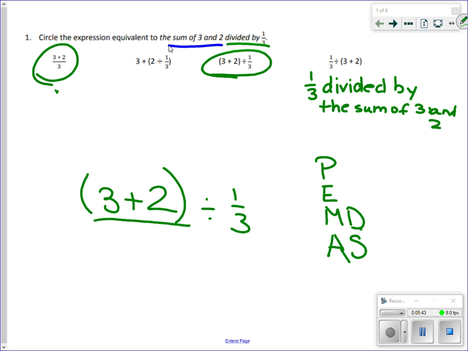Because 3 plus 2 is 5, it's kind of saying like 5 times 1, so it's going to be 5 thirds. Same thing. Dividing it by 3 is the same thing as dividing it by 1 over 3.